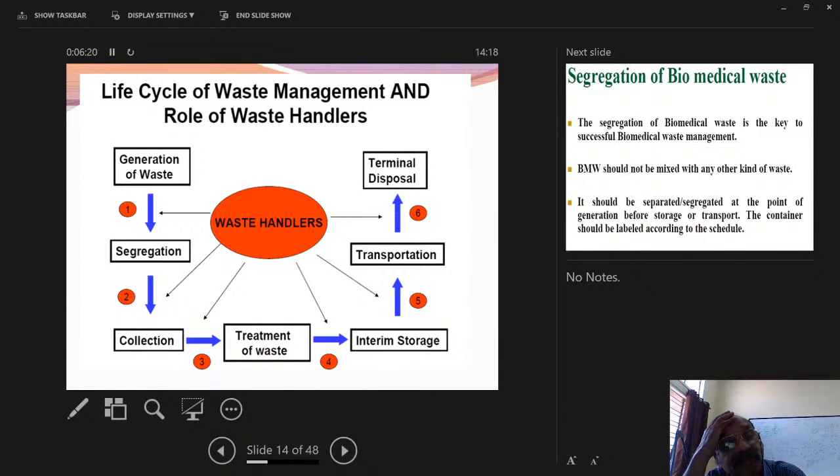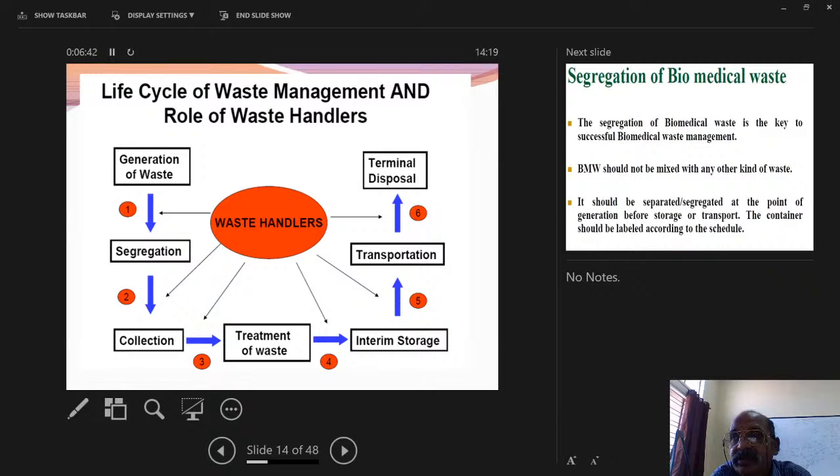So this is the life cycle of waste management. First of all, generation of waste, and the next important step is segregation of the waste. Waste generated in the ward should be segregated in the ward itself. Waste generated in the operation theatre should be segregated in the operation theatre.